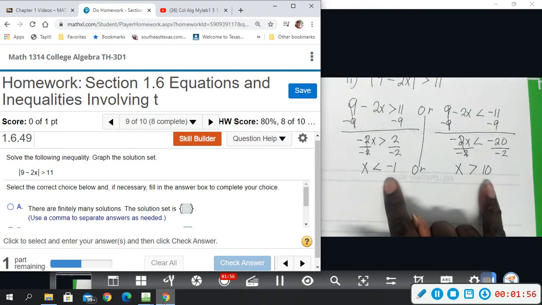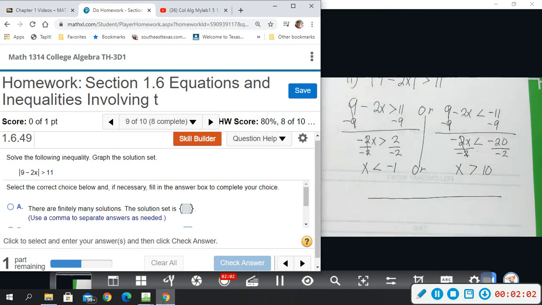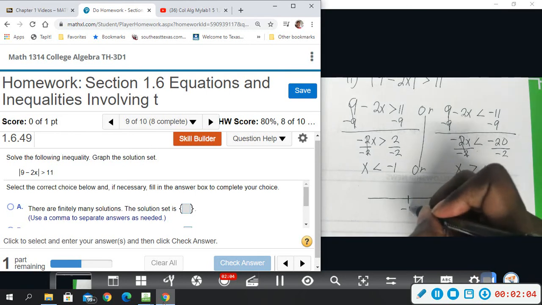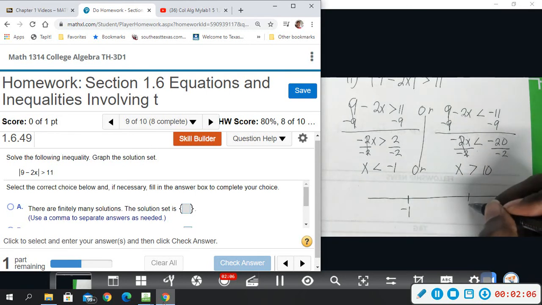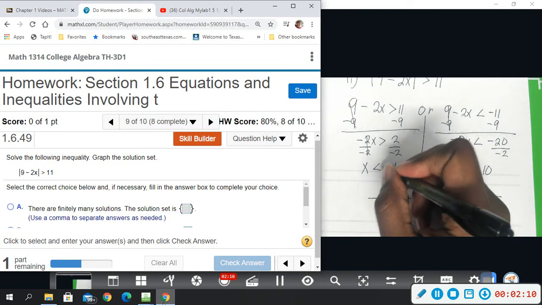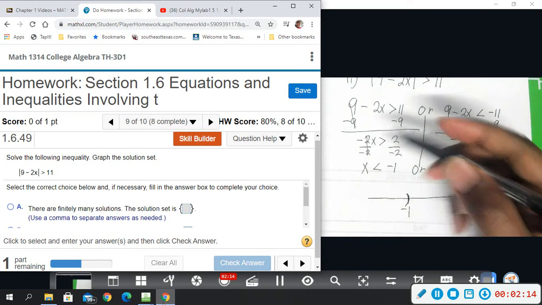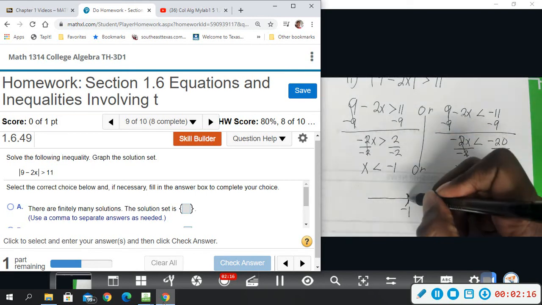So we get these 2 parts. Do it on the number line. That will help you do the inequality form. So we'll have a negative 1 over here and a positive 10 over here. Since it's just less than, not equal to, we do parentheses, and that arrowhead is pointing that way. That's how I know which way to do my parentheses.